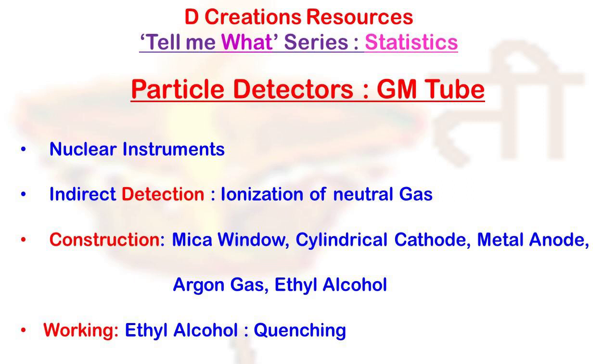Consequently, there is a massive electrical discharge that will take place and it will cause a current pulse. So, the current pulse through resistance R will produce a voltage pulse, and the electronic pulse amplifier will accept the small pulse voltage and amplify it.